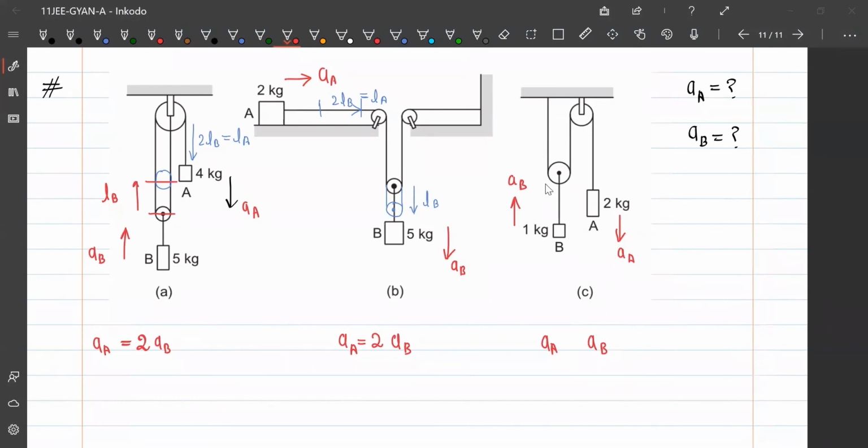Can you tell me the relation? Okay, let's solve it together. What we are going to do is move the pulley up slightly by length LB. When the pulley moves up, B moves by length LB. When we move the pulley up, length LB reduces from here, so this rope goes down by 2LB. So 2LB is equal to displacement of A. So here also, what can we write? Acceleration of A is equal to 2AB. So think like this: if one moves slightly, how much does the other move?